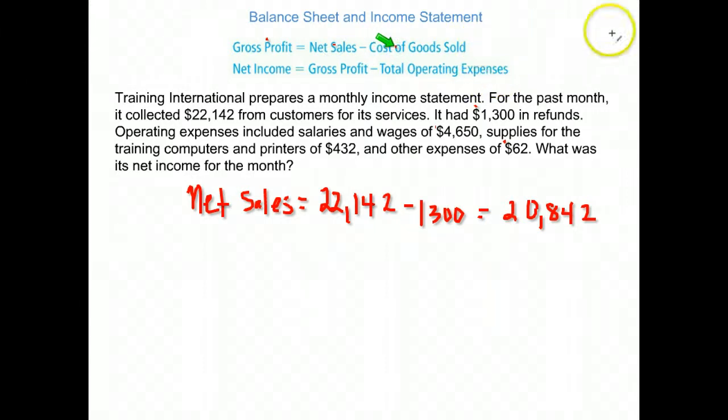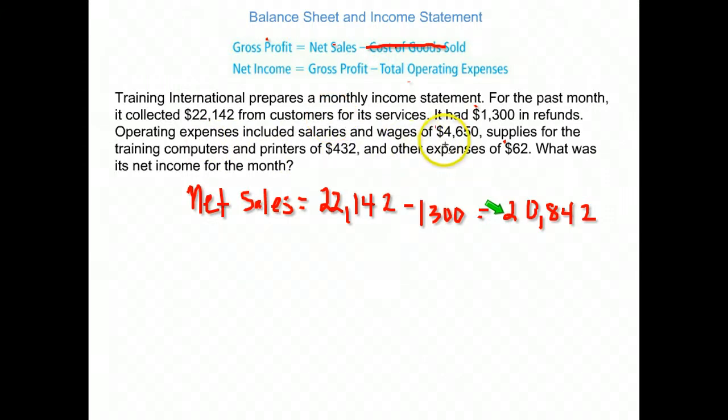But they're not selling a good, really. They're a training company, so they're really selling a service instead. Okay, so for our gross profit, we didn't have cost of goods sold, so we're just at $20,842. The next thing we need to figure out is what were our operating expenses, because to find the net income, we have to subtract that from our current total.